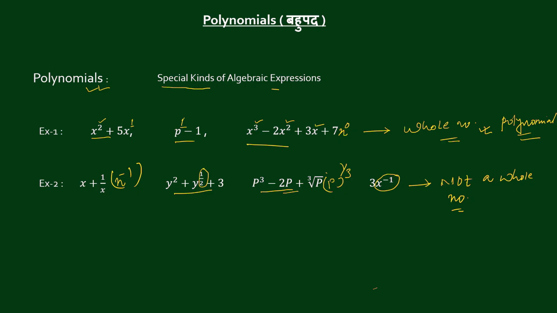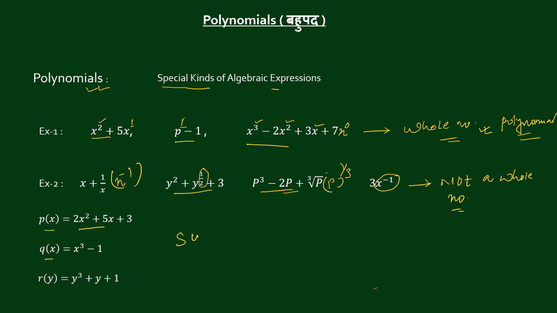पॉलिनोमियल को डिनोट करने के डिफरेंट वेज क्या हैं? सो अगर हमारे पास एक पॉलिनोमियल है जो कि वेरिएबल x में है, सो उसको हम p(x) से डिनोट कर सकते हैं. Here q(x) represents a polynomial in variable x. Similarly, r(y) represents a polynomial in variable y.